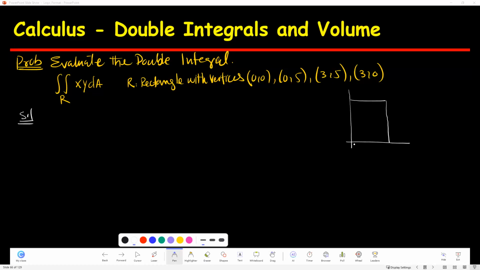But I'm going to look here. 0 0 is my 0 0 at this point. The other coordinate is my 0 5, right? So maybe 0 5 should be this point. The other one is 3 5. So 3 5 is this, and then 3 0 is this. And that is my R. Okay.